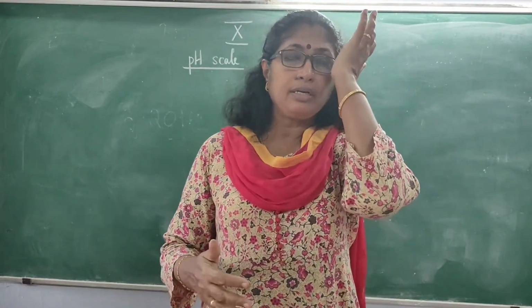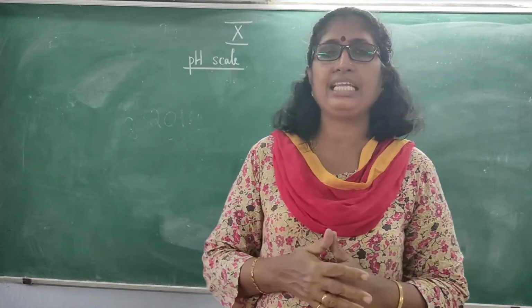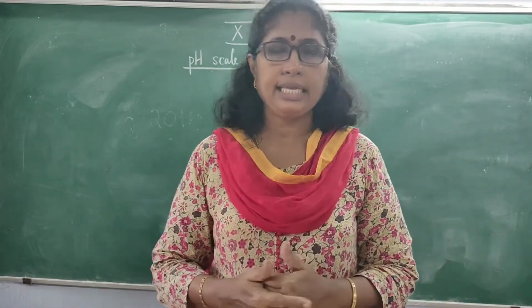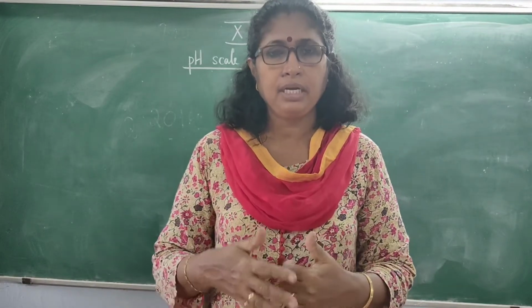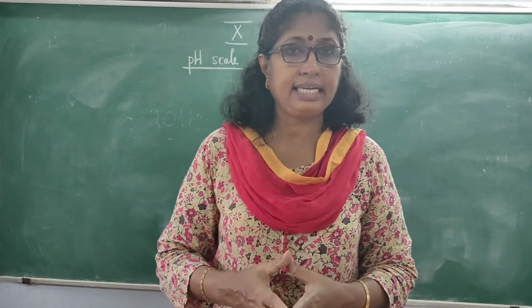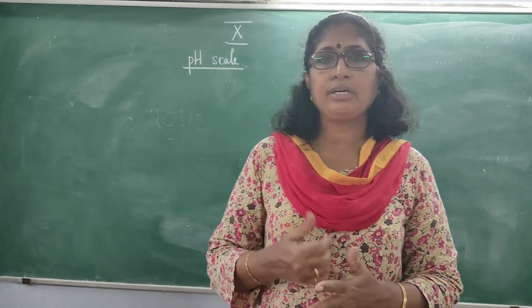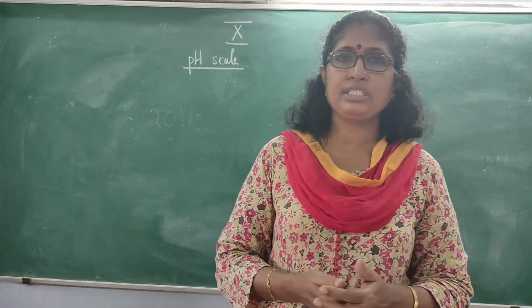In our rain, the usual pH is 5.8. If the pH value of the water coming from rain is less than that, then we call it acid rain. We have heard of acid rain; it destroys cultivation and more.